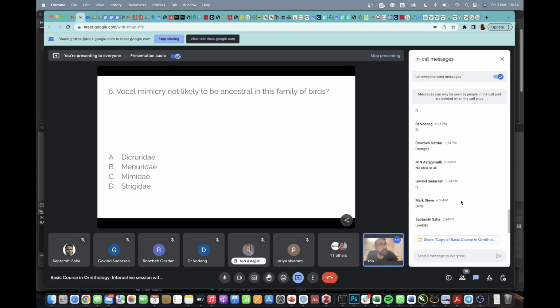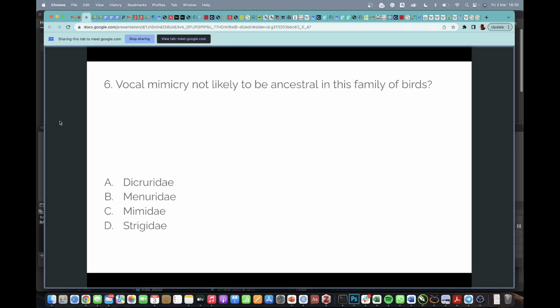It's so popular that it mimics car horns and factory horns and all kinds of sounds. Yes, lyrebird. Menuridae is lyrebird, and Mimidae is thrashers and mockingbirds, not found in the Old World but found in the New World. So I guess everyone knows the answer now.